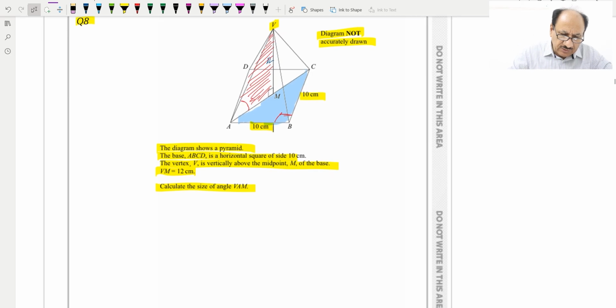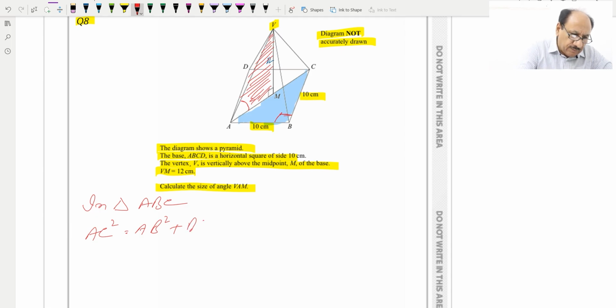In triangle ABC, AC square is equal to AB square plus BC square.